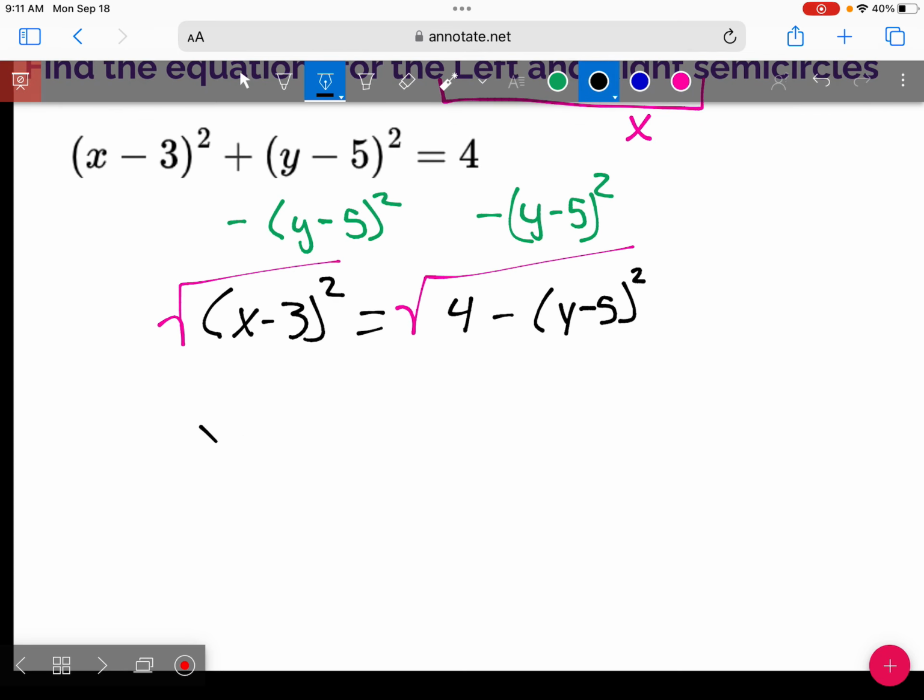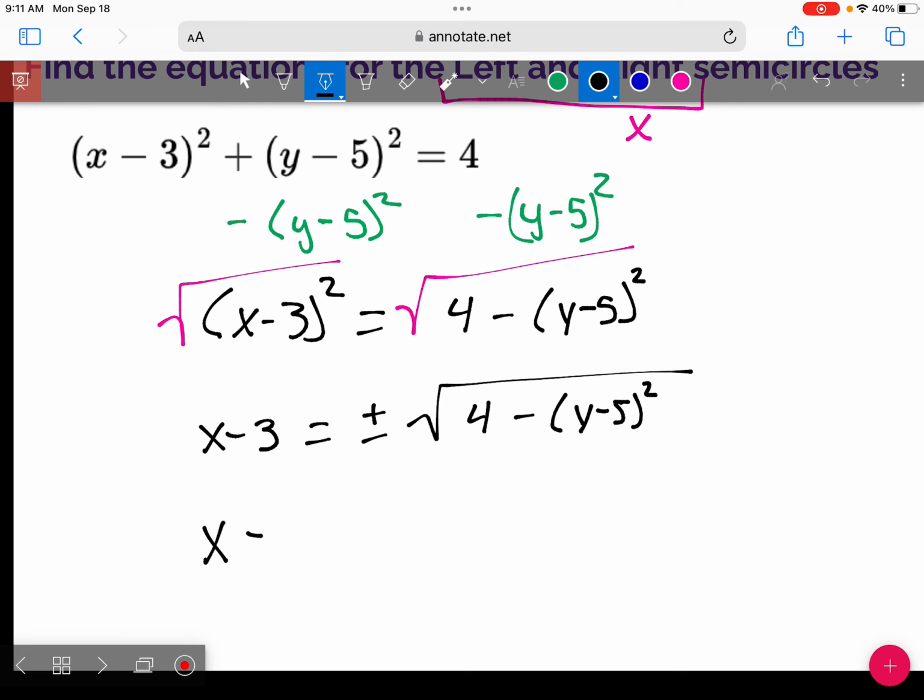So we're going to have x minus 3 equals plus or minus the square root of 4 minus y minus 5 squared. What do we do to get x by itself? Add 3 on both sides. So we're going to get x equals 3 plus or minus that same square root guy. You just plop that down. 4 minus y minus 5 quantity squared.